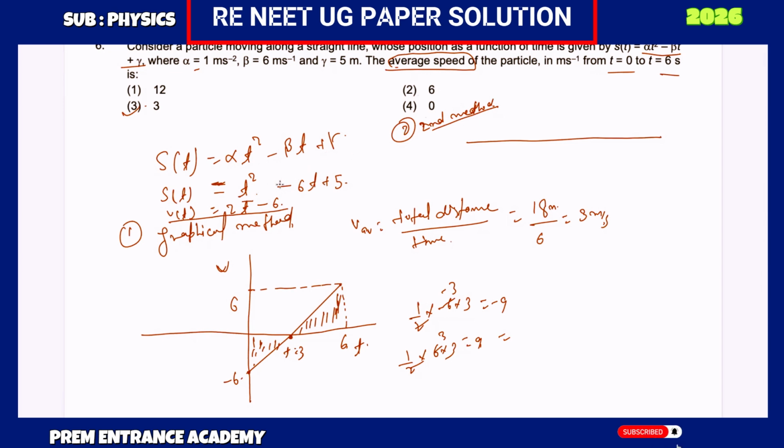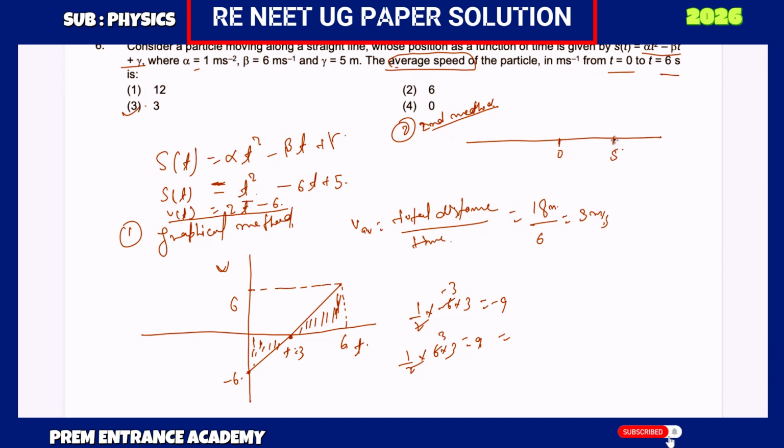At t = 0, if this is your origin, the body will be at 5 meter. At t = 1 second, putting t as 1, we get 1 + 5 = 6, minus 6 is 0.